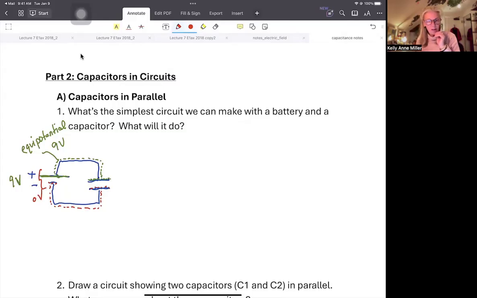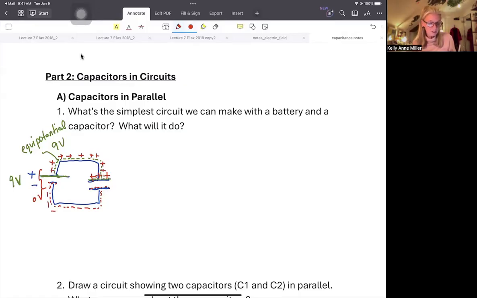Okay, so when you connect a capacitor to a battery in this way, basically what happens is charge flows from the battery to the capacitor until the capacitor is at the same potential difference as the battery. So charge will flow along here.